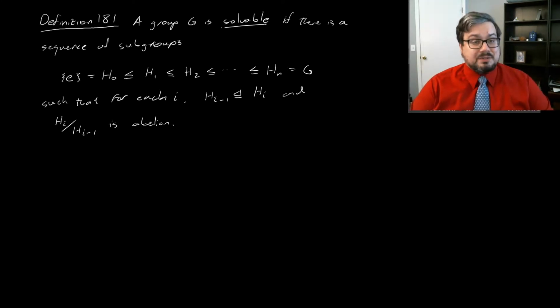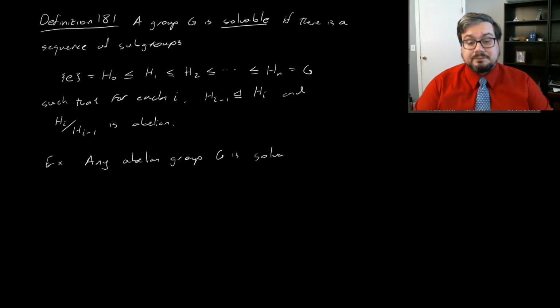And so this is what we call a solvable group G, and we're going to see that some groups are solvable and some groups are not. For example, any abelian group G is already solvable, since we can take the sequence of subgroups starting with the trivial subgroup, which is a normal subgroup of G itself.